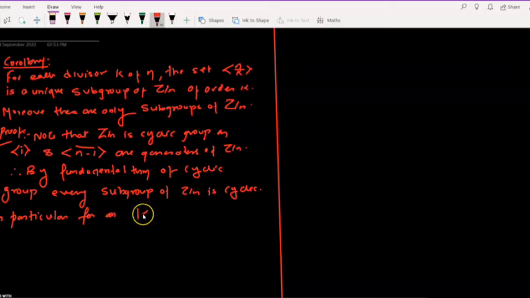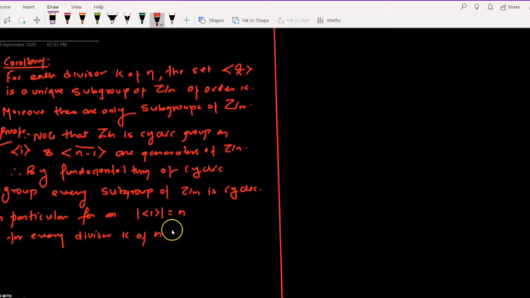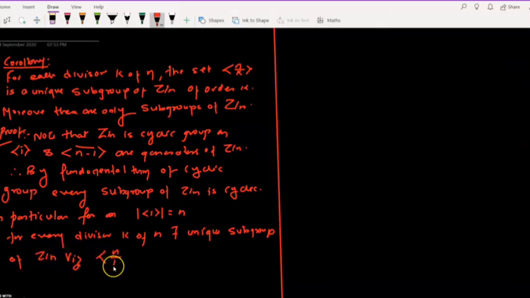As the order of one bar is n, therefore, for every divisor k of n, there exists a subgroup of Zn of order n by k.